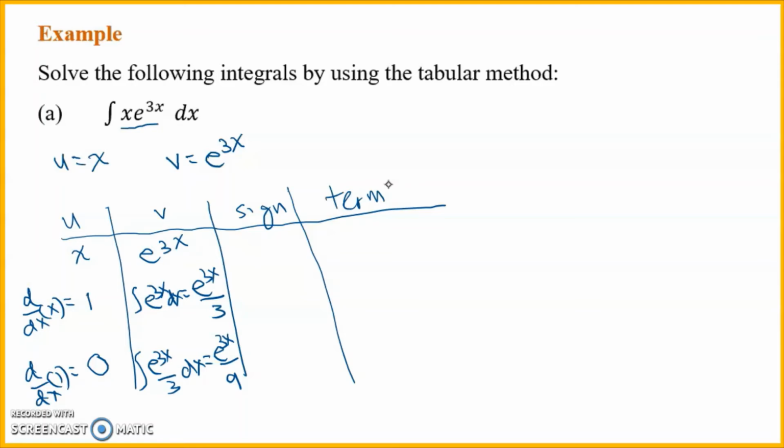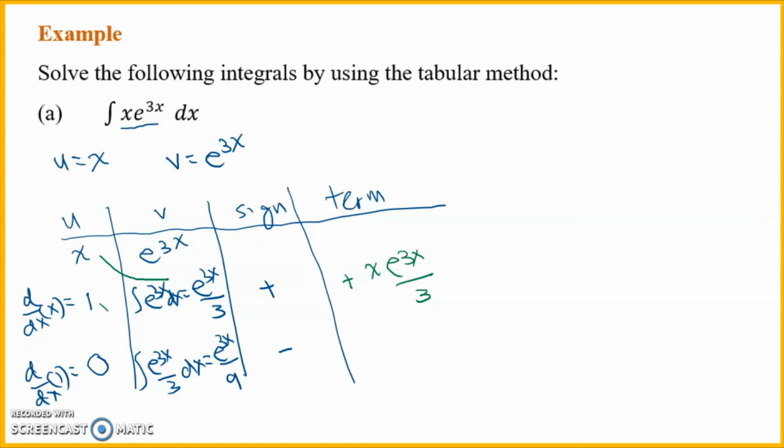So let's put the sign now: plus, minus. And we can get the terms now. I take this times this with the sign plus, so I have x e to the 3x over 3.